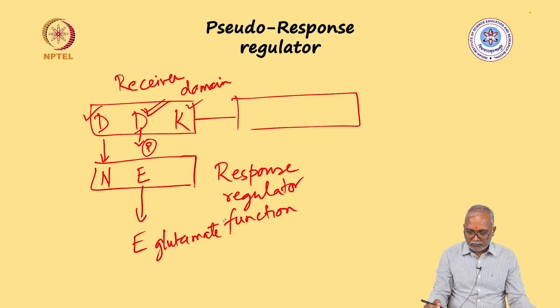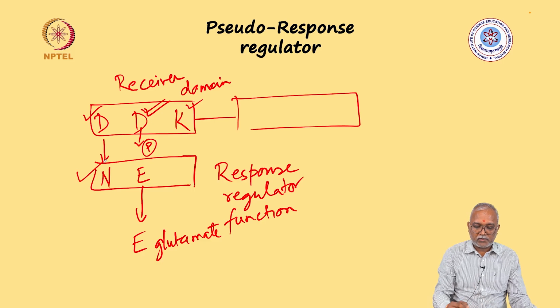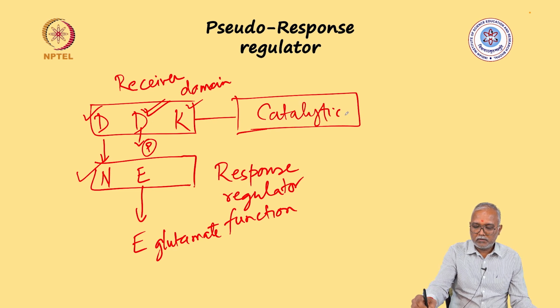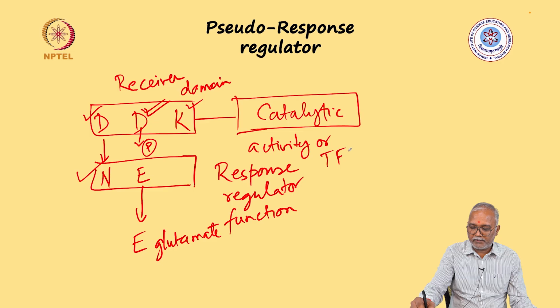Now, what basically it will end up doing is that the response regulator is not activated. So in some sense, the catalytic activity or the transcription factor activity, which was part of this molecule, is compromised.